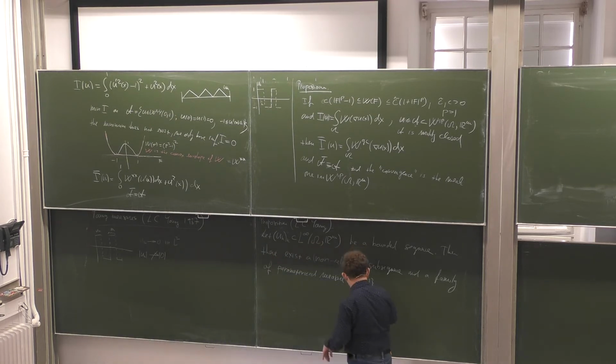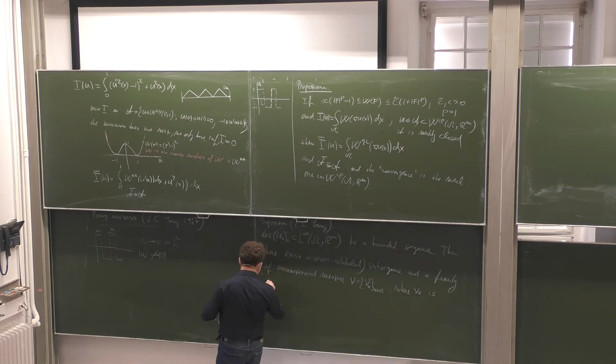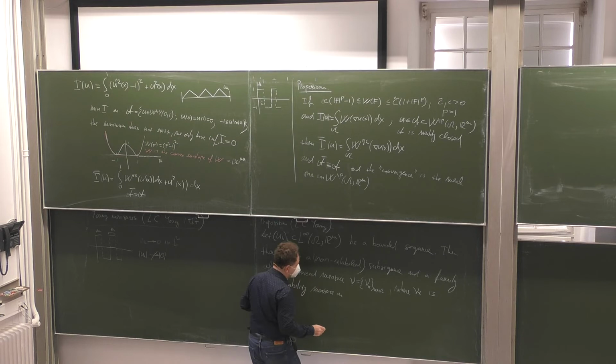So given x in omega, or almost every x, you get a measure nu_x, where nu_x is a probability measure on R^m.